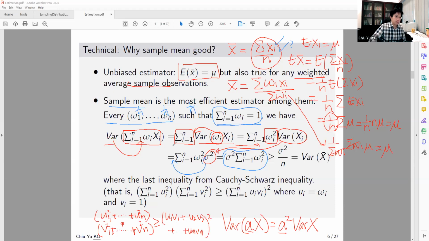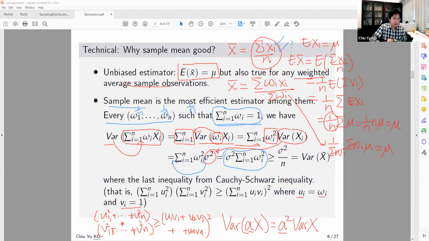So the first is the sum of the squares. The product of the sums of squares is bigger than the square of the sum of the products, okay. So in this particular case, we take u as mu, and v are all ones.